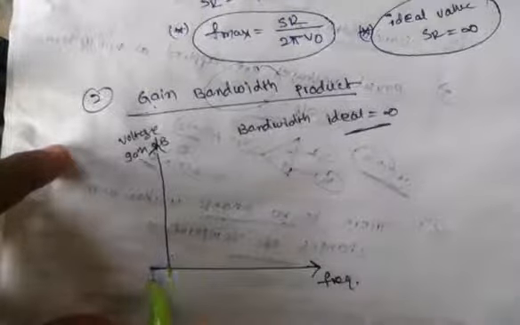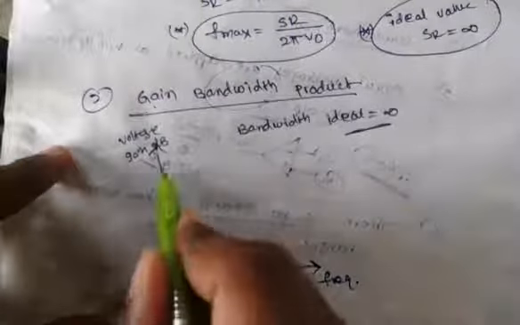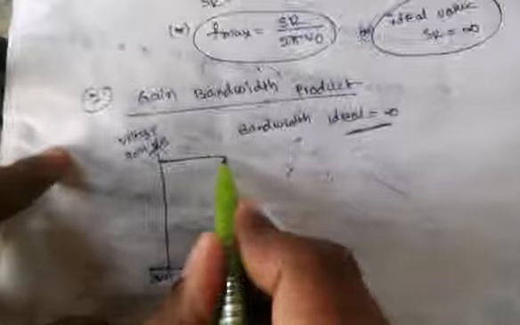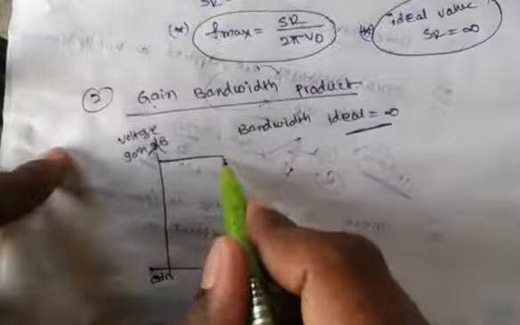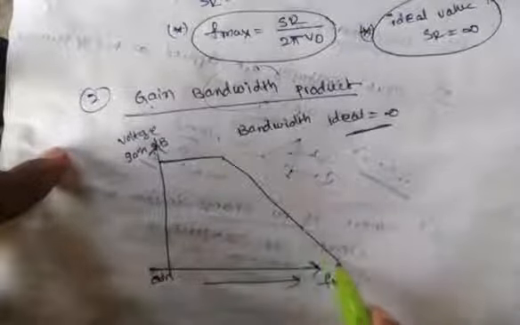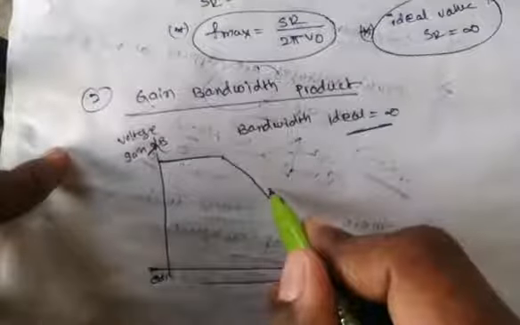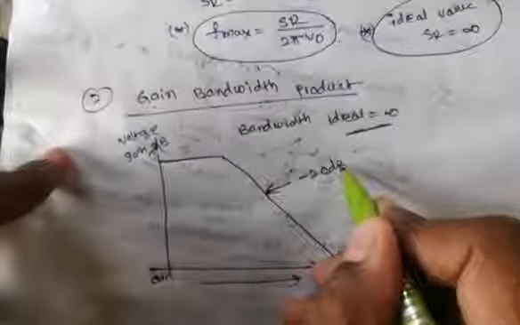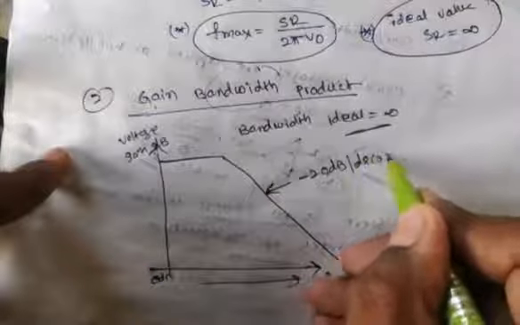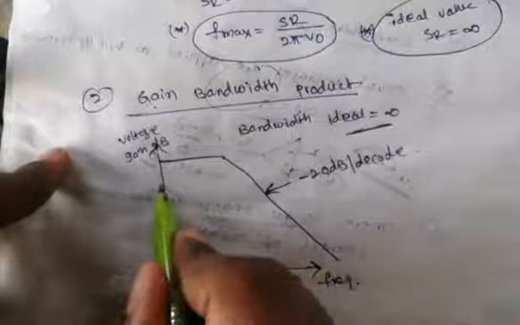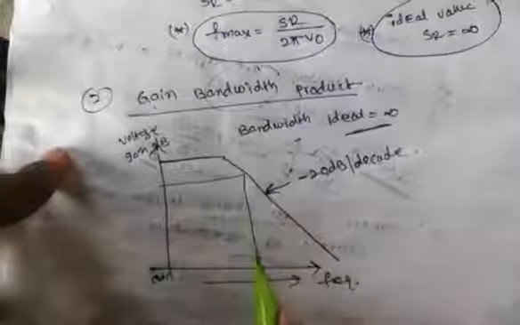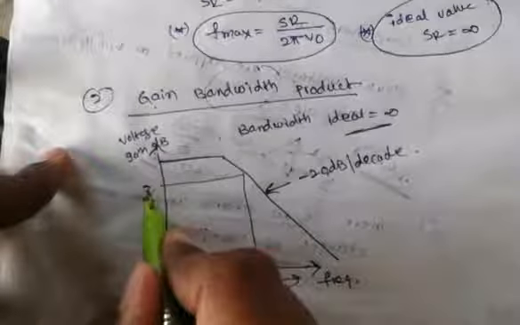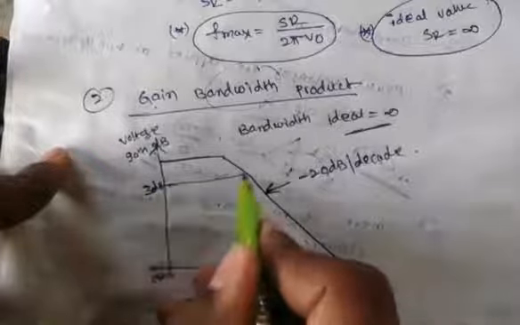Initially, at 0 dB, the gain will be maximum. After that, when the frequency increases, the gain automatically falls. In first order it will fall at minus 20 dB per decade, after the 3 dB cutoff frequency.